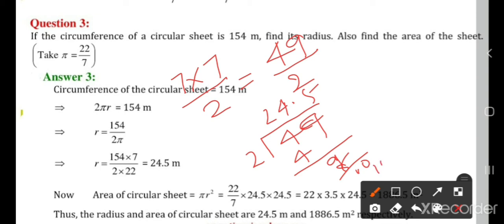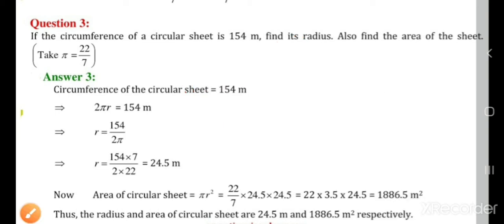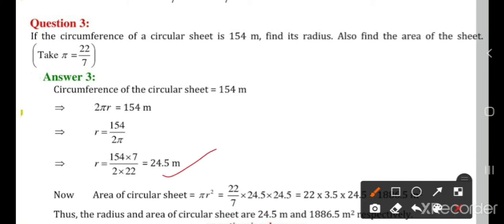So the answer is 24.5. Got it? This is how you get the answer, children. You get the radius as 24.5 meter.